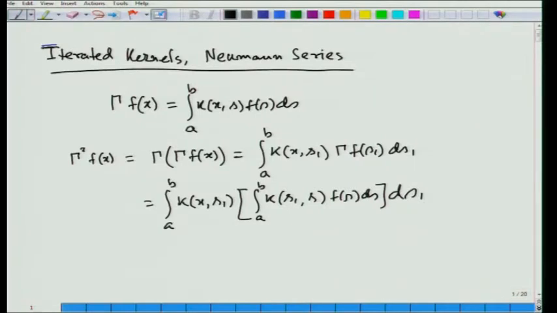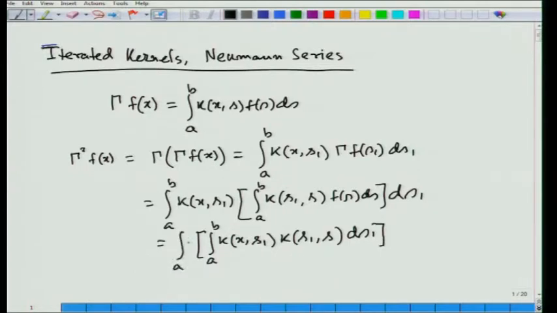Now, rearranging the terms, that means interchanging the order of integration, we can write this as integral a to b, integral a to b k of x comma s 1, then k s 1 comma s d s 1, multiplied with f s, then d s.